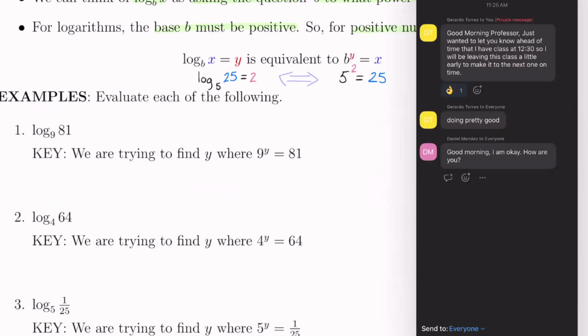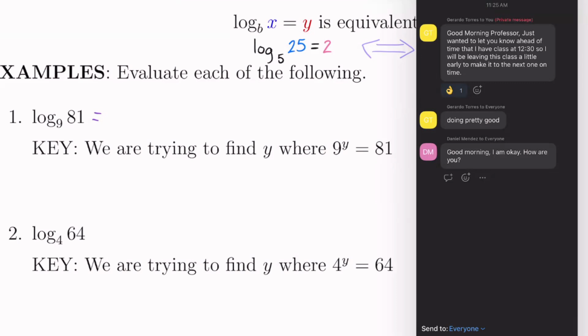So number 1, log base 9 of 81. Our answer to that comes from asking the question, 9 to what power is 81? Or what exponent do we raise 9 to get 81? 9 to what power equals 81?